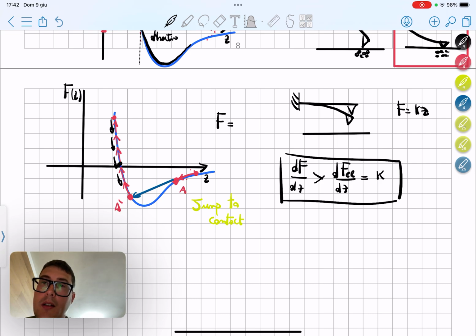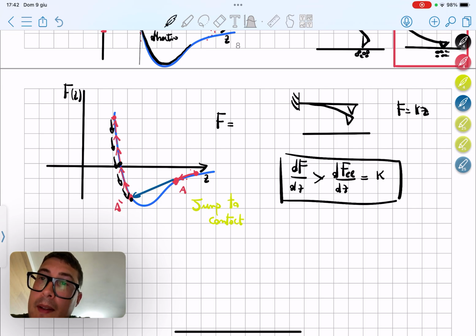We start going far away from the sample, and we reach again the A prime point. So one would expect that there is a jump off contact in this position, going back to A prime. But this is not what is really happening.